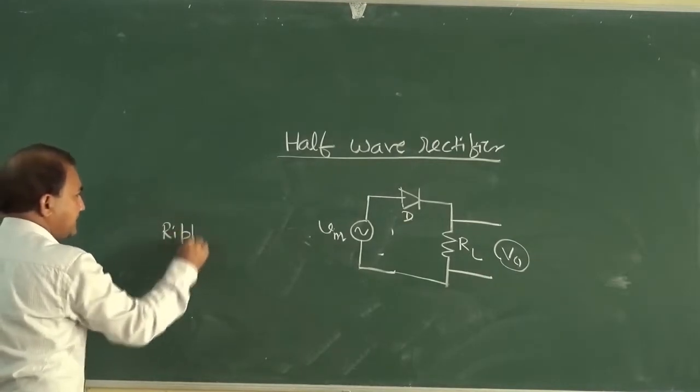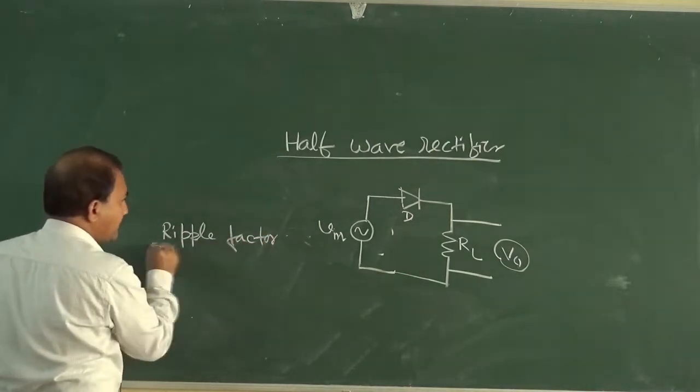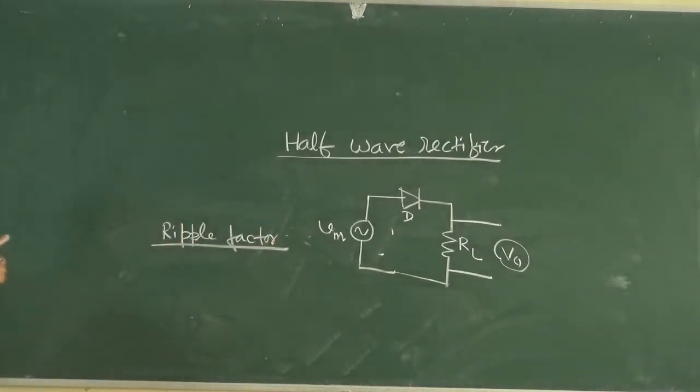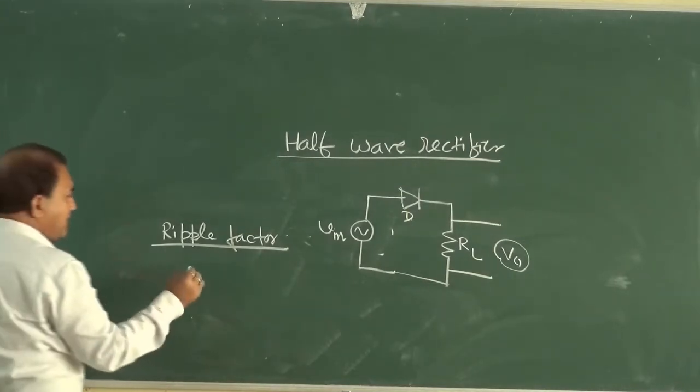Then the third one is the ripple factor. How to calculate the ripple factor in case of a half wave rectifier? What is ripple factor?